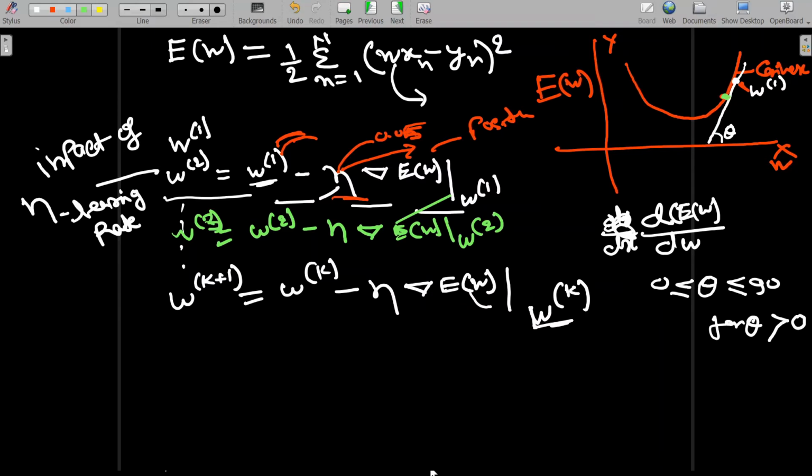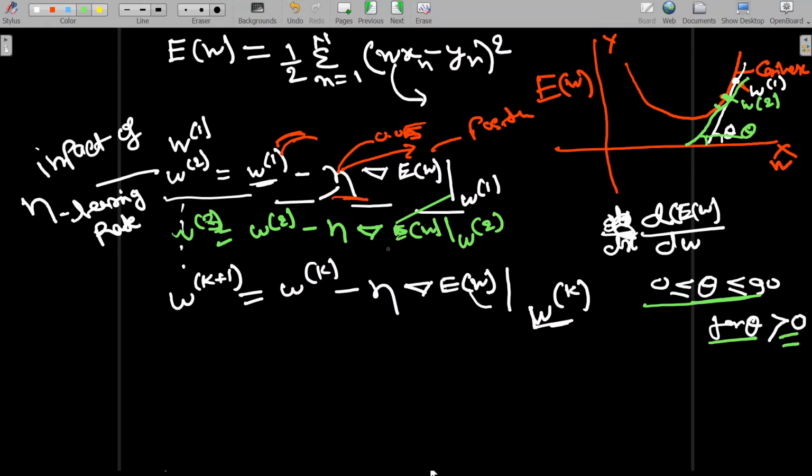Now I am going for, let's suppose, point 3. Similarly, I have to take the gradient, the tangent line on this particular point, which is W2. This will again be theta, and this also comes under this category where theta will be less than 90 degrees and greater than 0, and tan theta, if you calculate, will always be positive.